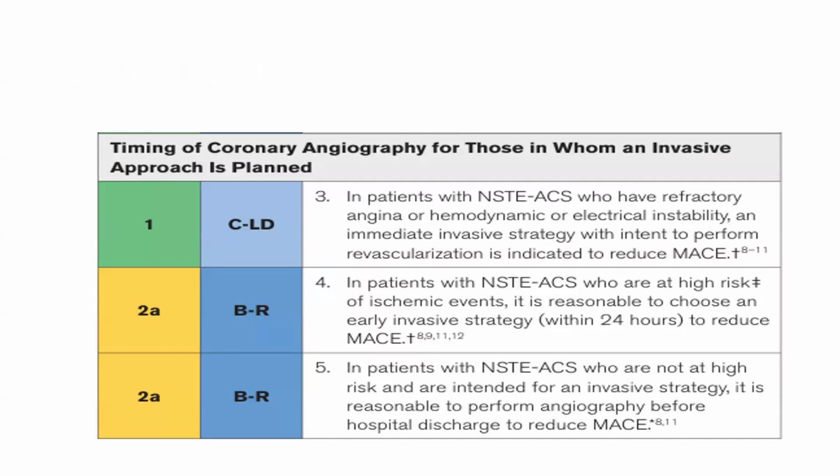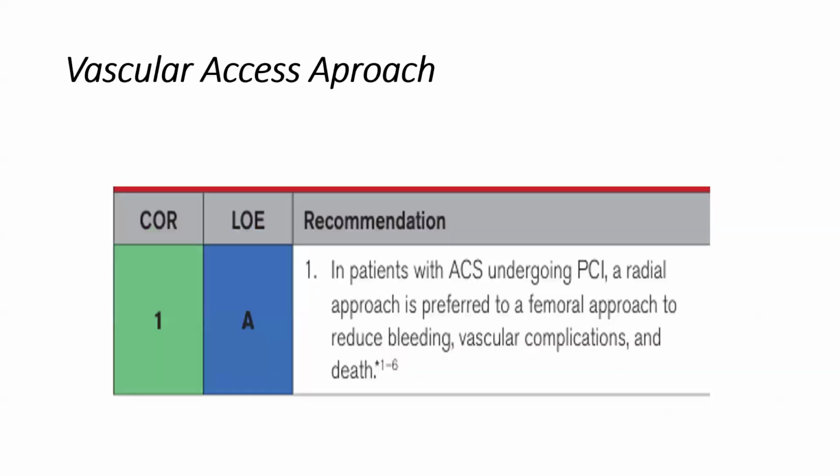Now about the timing of coronary angiography, patients with NSTEMI who have refractory angina, hemodynamic or electrical instability need an immediate invasive strategy, which should be done within 24 hours. For those who are not at high risk and are intended for an invasive strategy, it is reasonable to perform angiography at least before hospital discharge.